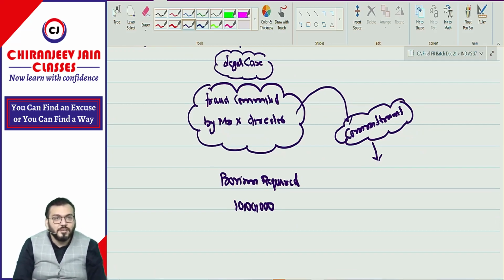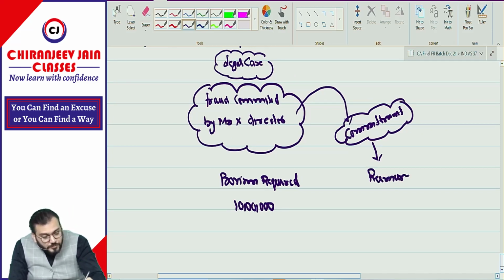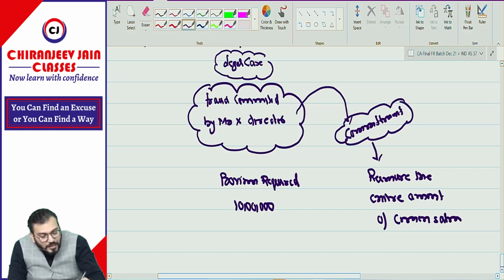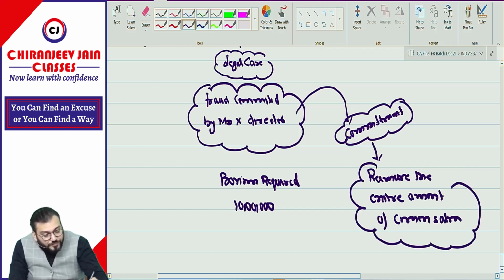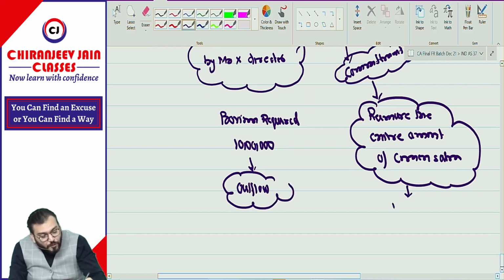Is quite possible. Compensation means when I am saying this, obligation is outflow for the company, and this reimbursement is inflow for the company.